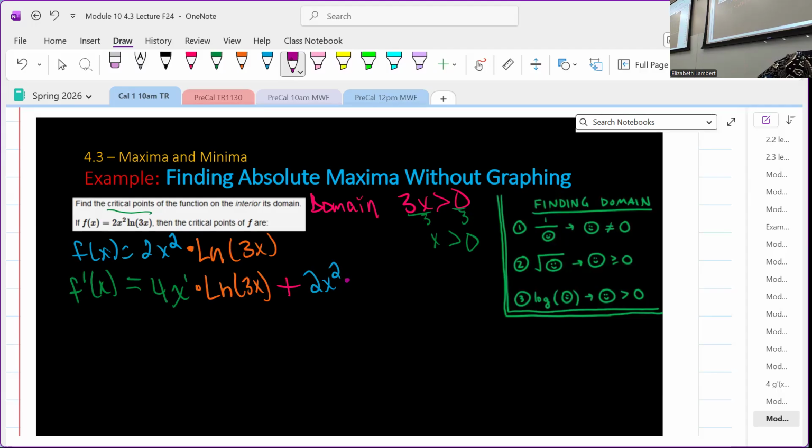So derivative of natural log of something is 1 over something times the derivative of something. The derivative of 3x is just 3.